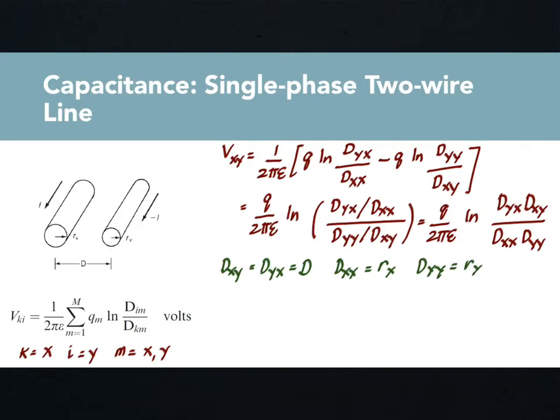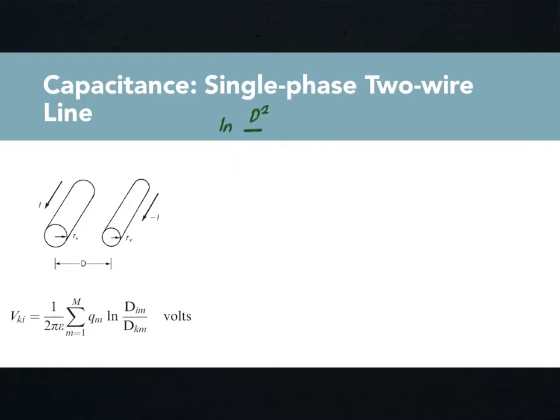Plugging in those new elements, Rx and Ry, to our Vxy here, Q over 2 pi E, then ln of d squared, because dyx and dxy are simply d, and then over Rx Ry.